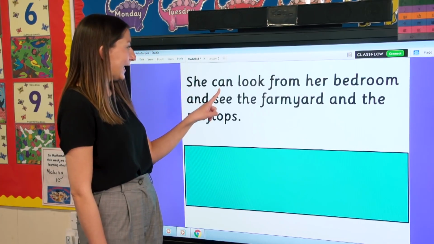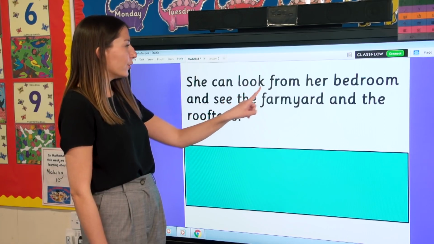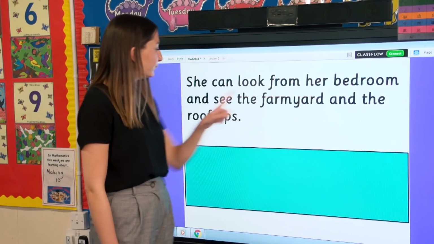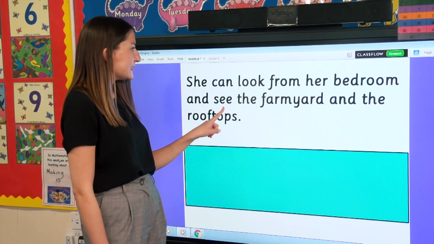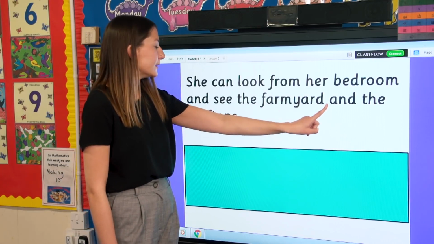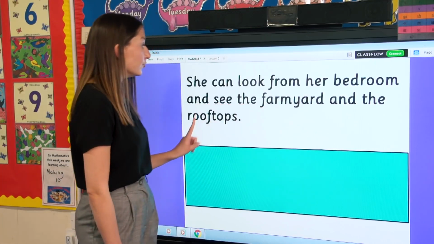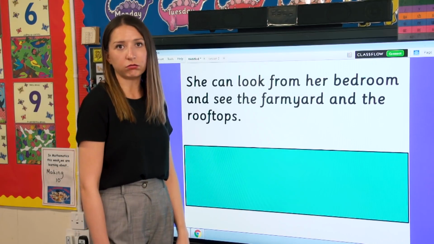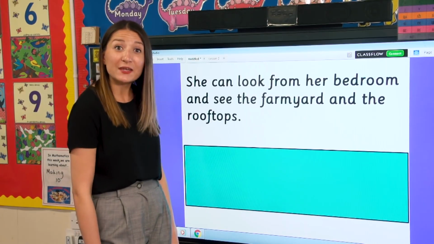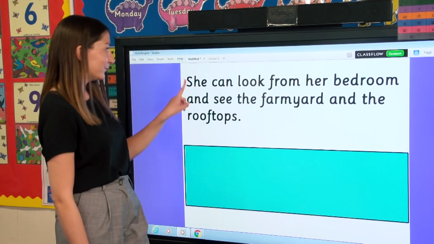She can look from her bedroom and see the farmyard and the rooftops. Whew, that was a long sentence, wasn't it? Let's read it again. Read with me as I point to the words.